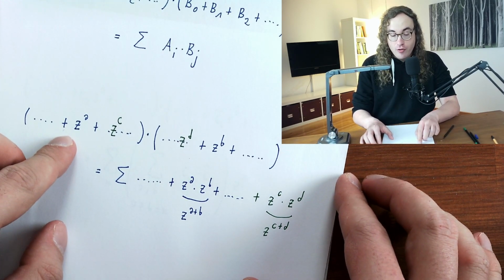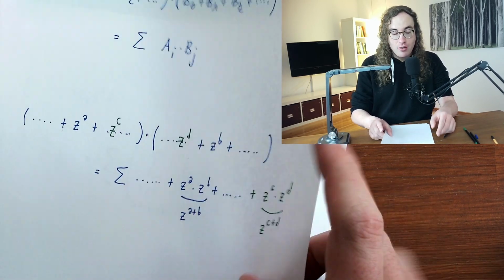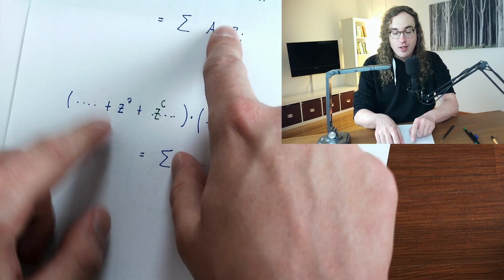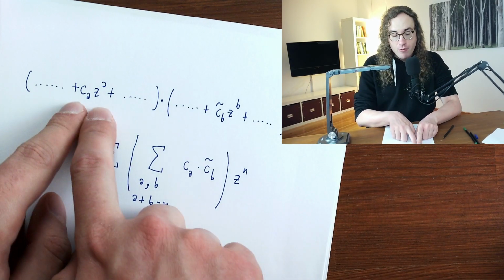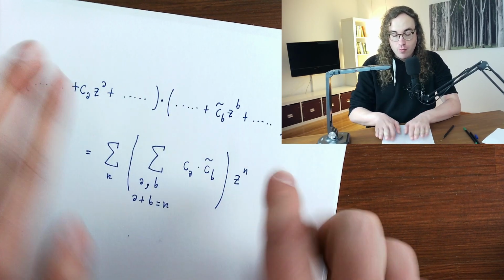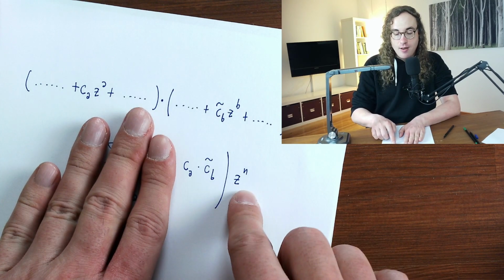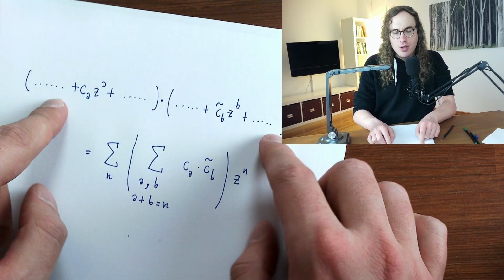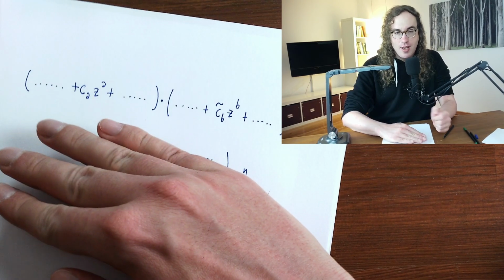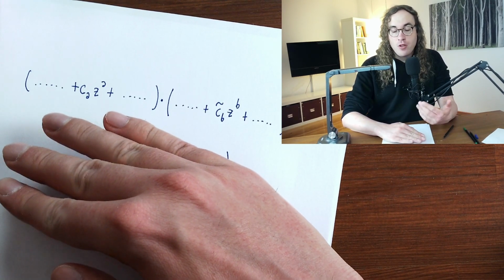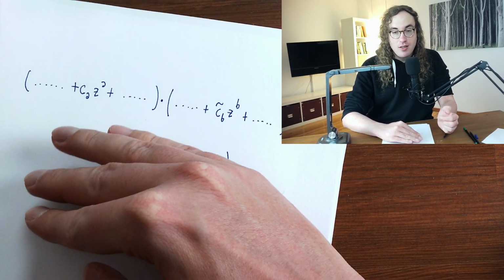Now, if instead of just having all coefficients 1 in front of these, we have some more interesting coefficients, then of course when you multiply these terms, these coefficients get multiplied. So when you multiply such a term with such a term, you get such a term, assuming that a plus b is n. But as there might be many summands up here, which all have the property that the respective exponents a plus b sum to the same value n, we might not just get one single pair c_a times c tilde b, but several.